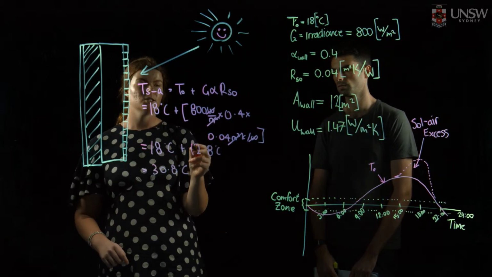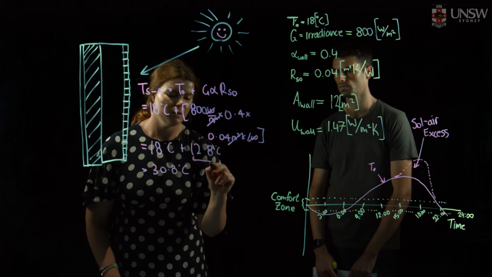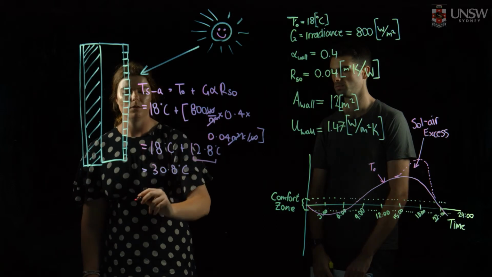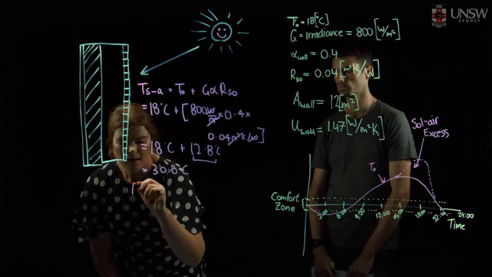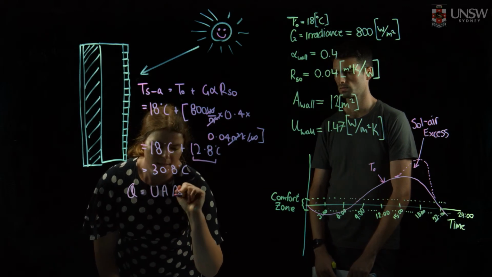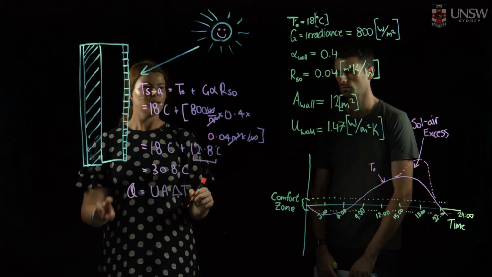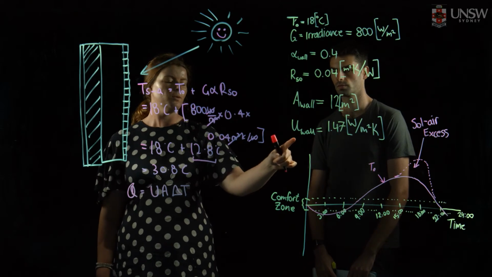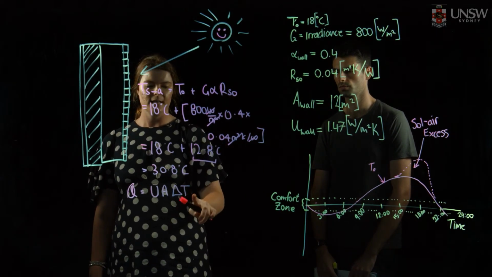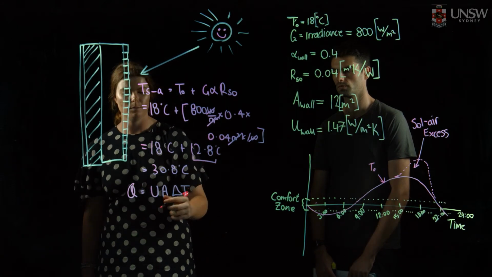And now that we have this, we can find the additional heat transfer through the wall. So to do the additional heat transfer through the wall, we use this value here. And as always, the heat transfer through a wall is given by Q is equal to UA delta T. U is given to us in the question, U wall. A is the area of the wall, which is also given to us, and the delta T is just this value here, which we calculated before.